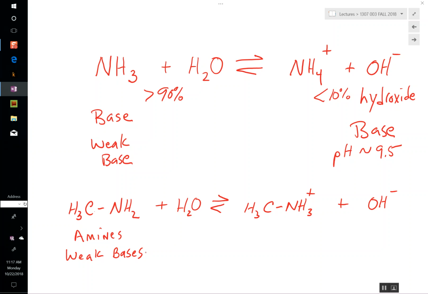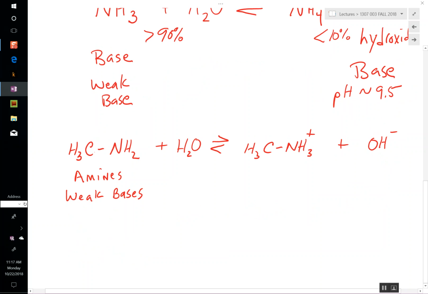So a multiple choice question might be, amines are neutral salts, weak acids, weak bases, none of the above, whatever, okay? You should know fundamentally that amines are weak bases. They're bases. Just happen to be weak bases, but they will make water solutions basic.